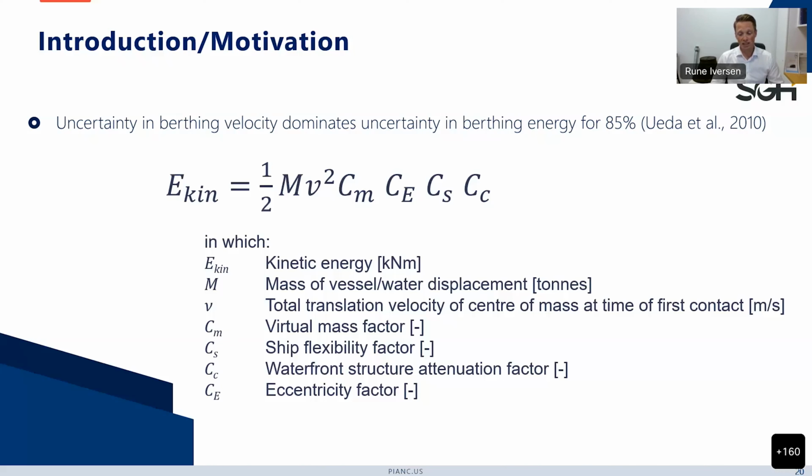So the velocity clearly is a very, very important factor to consider when you are designing fenders. And so a lot of work was done to collect data and analyze the data, figure out how can we improve on the data set that was published by Brolsma.